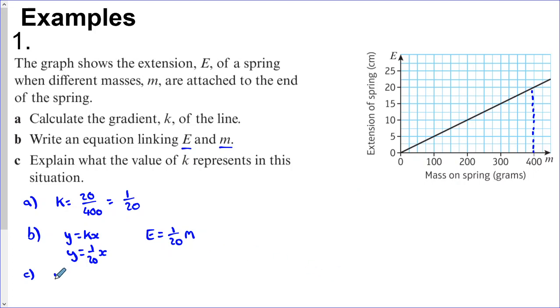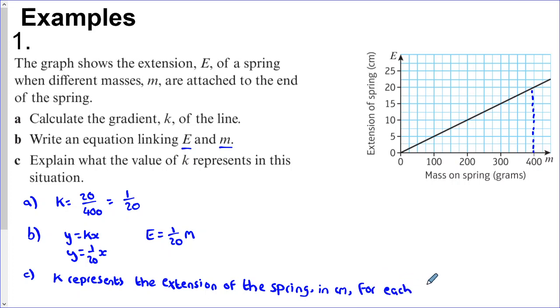So we put that into words. k represents the extension of the spring in centimeters for each gram of mass added. For each single gram, E represents extension in centimeters. So we know that for every gram we add, the spring extends by 1/20th of a centimeter.